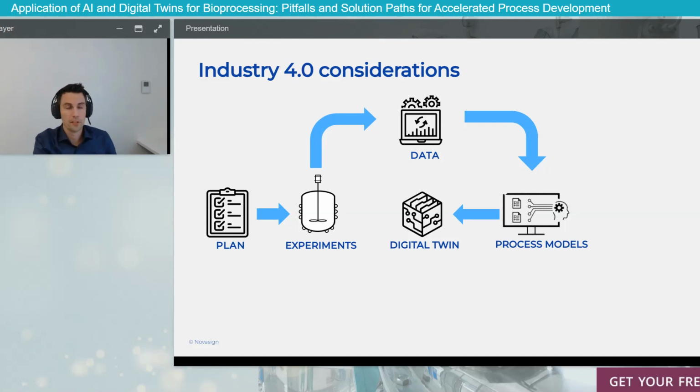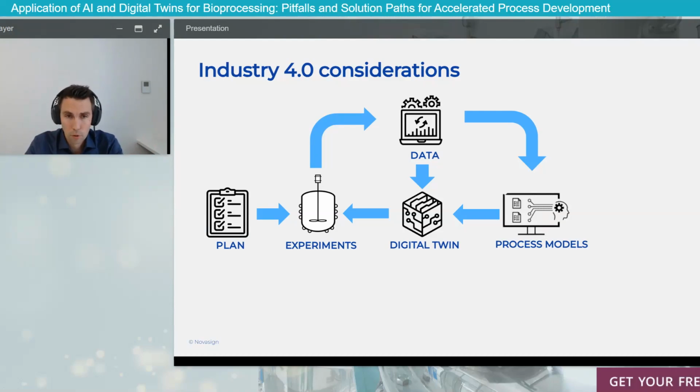So what would happen if you increase the temperature? What would happen if you decrease the feeding rate, etc.? You can play with all of these scenarios in order to, first of all, find the optimal process conditions, and then further take these models for scale up and for monitoring. So when thinking about this, once you have set up your first digital twin implementation, you can then take this knowledge and plan new experiments, and then you are in an iterative loop.